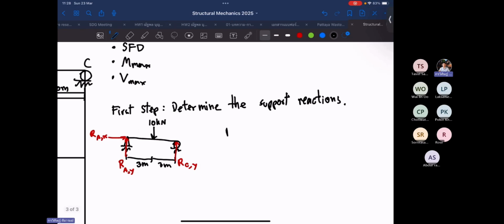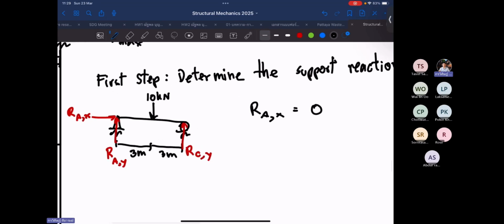First one, the reaction at point A in X direction, this one must be 0. The reason is that in this system, there is no external force in X direction, so there must be no reaction in X direction also. Next is the reaction in Y direction, RA and RC.